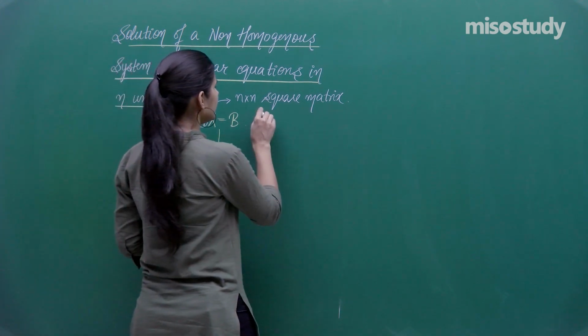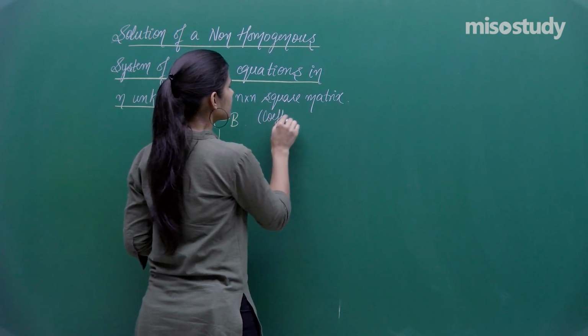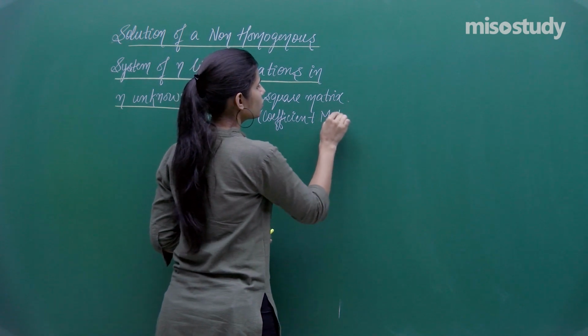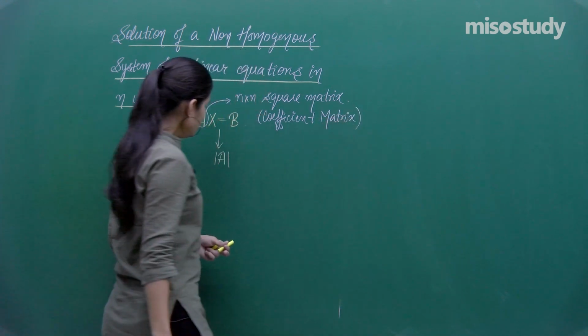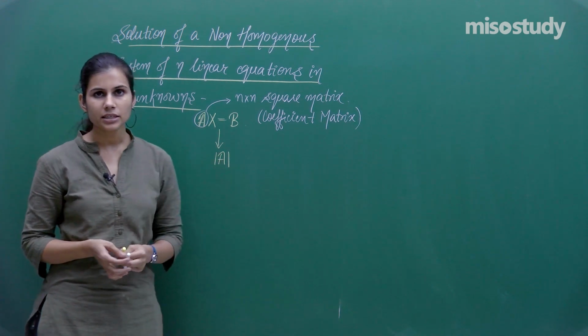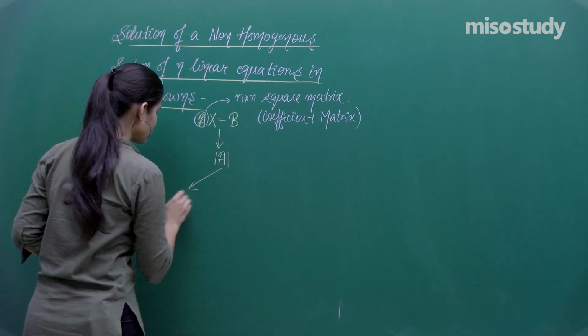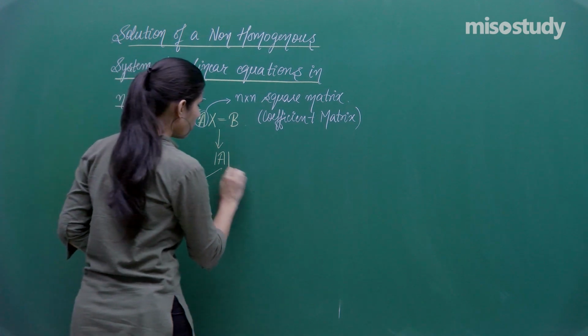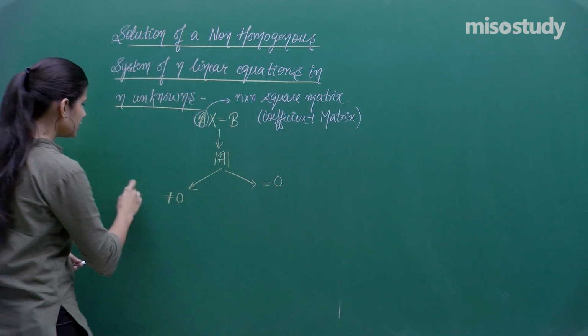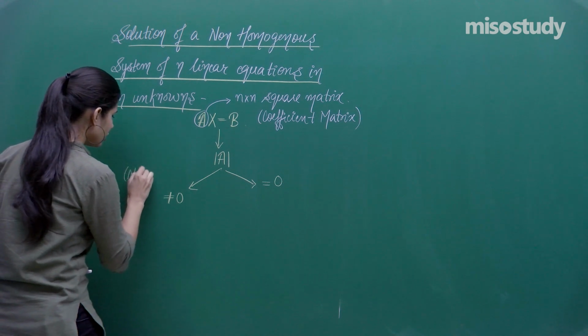You know why it is called the coefficient matrix? And this matrix is a square matrix. So with respect to this square matrix, we compute the determinant. This determinant can either come out to be not equal to 0 or equal to 0. Coming out to be not equal to 0 means A is non-singular.